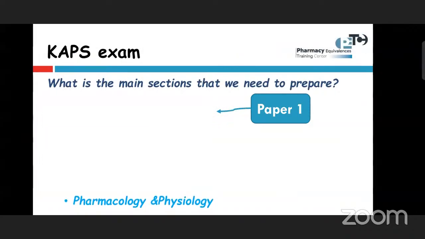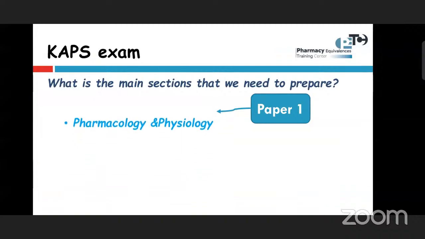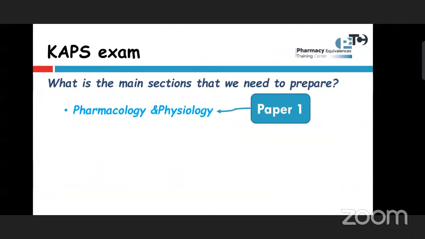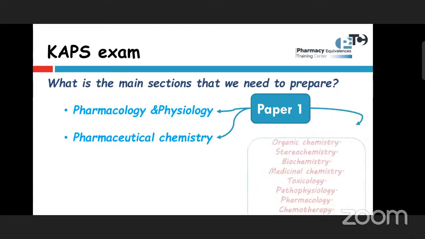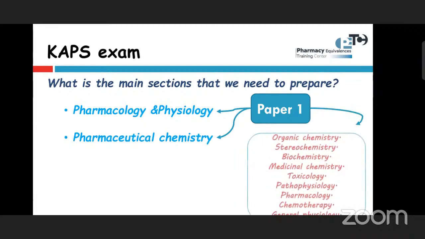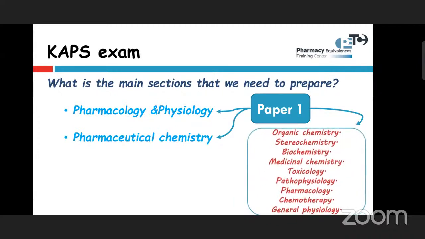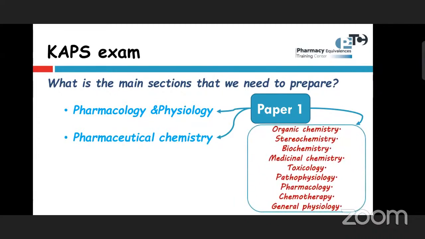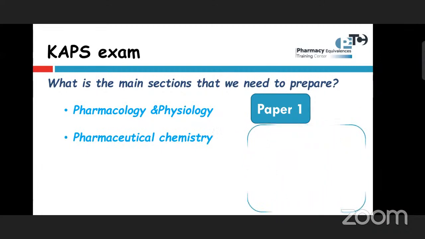Chemistry asks about organic chemistry, stereochemistry, pharmaceutical chemistry, or any part related to chemistry. The second part is pharmacology and physiology. So the 100 questions relate to those two main topics. Under them, there are many other topics like organic chemistry, stereochemistry, biochemistry, medicinal, toxicology, physiology, pathophysiology, and so on.